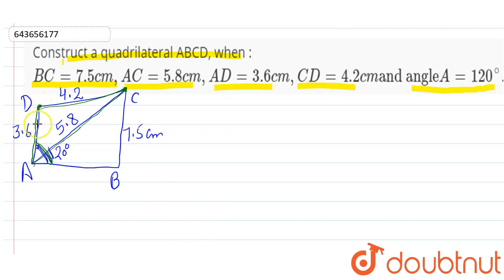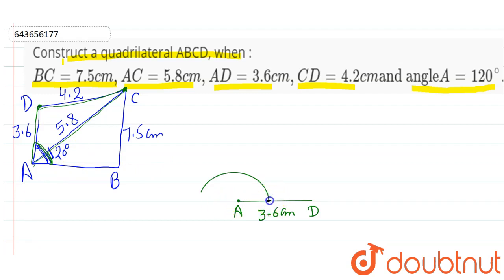AD, which is 3.6. So take the scale and draw a line segment 3.6 and name it as AD. Dimensions also, let us write 3.6 centimeter. Then angle A is 120 degree. So how can we draw? Take any convenient distance in the compass and make an arc.